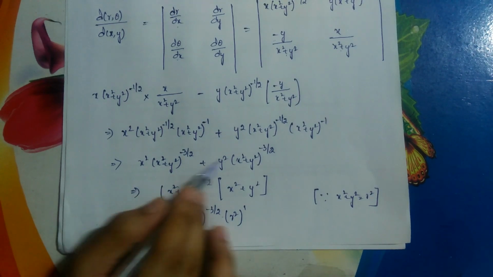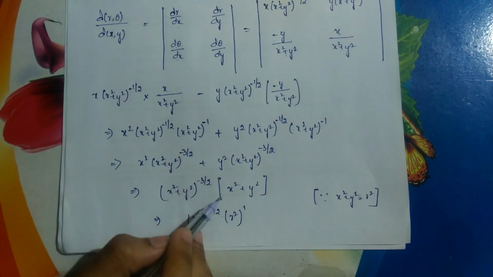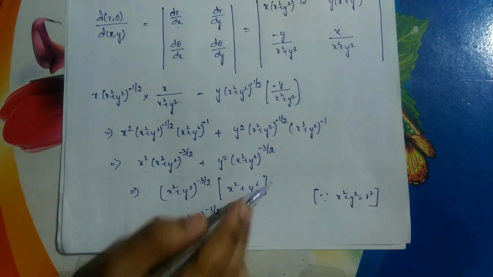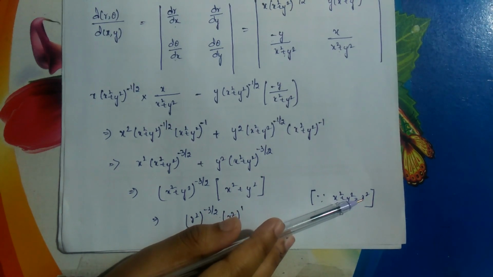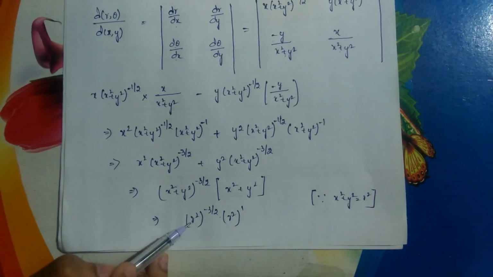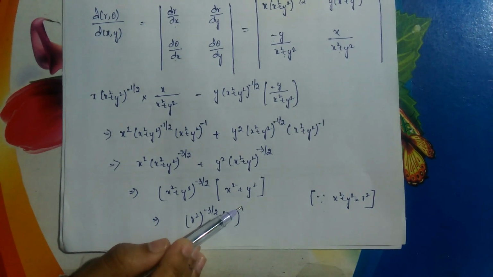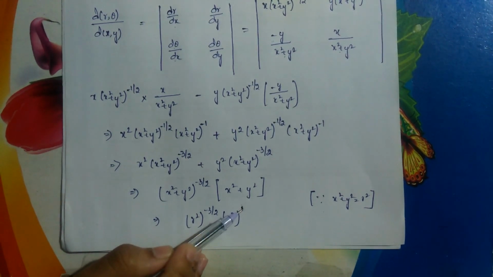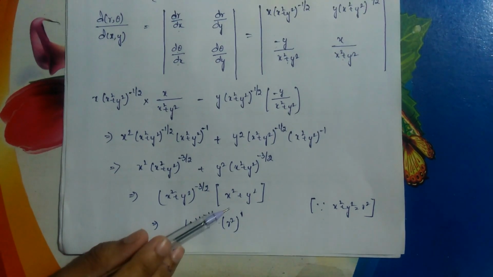Then here taking (x² plus y²)^(-3/2) common, you will get (x² plus y²). Then here we know that x² plus y² is equal to r². So write here (r²)^(-3/2) into (r²)^1, because if nothing is there then its power is 1.